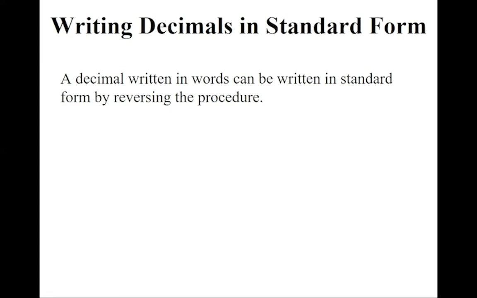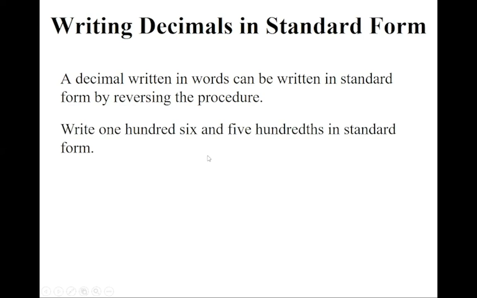A decimal written in words can be written in standard form by reversing the procedure. For example, write 106 and 5/100ths in standard form. Well, where does it end? Because that's what we need first here. This ends in the hundredths spot.